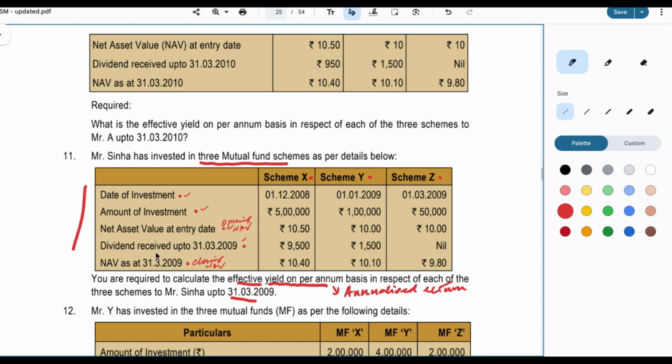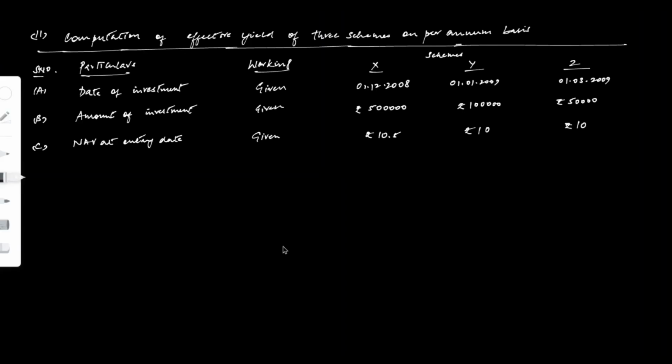See here, dividends received up to 31/3/2009 is given not on per unit basis but on the whole, right? So we will calculate quantity purchased.